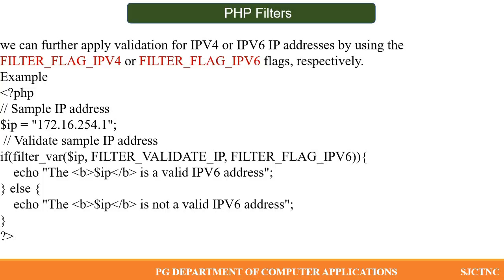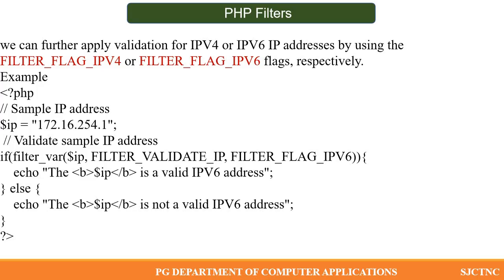Now we can further apply validation for IPv4 or IPv6 addresses by using the FILTER_FLAG_IPV4 or FILTER_FLAG_IPV6 flags, that is, Internet Protocol version 4 or Internet Protocol version 6 addresses. In the example, you can see the IP address 172.16.254.1 stored in a variable IP.